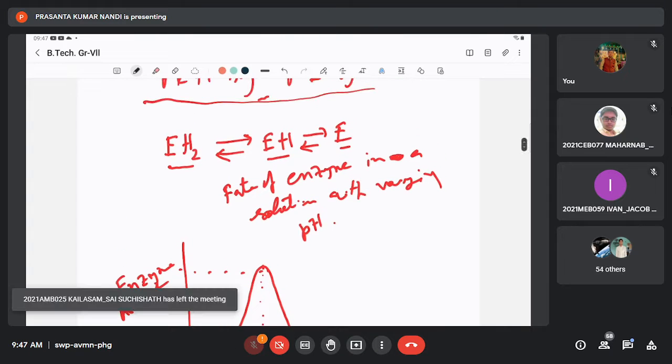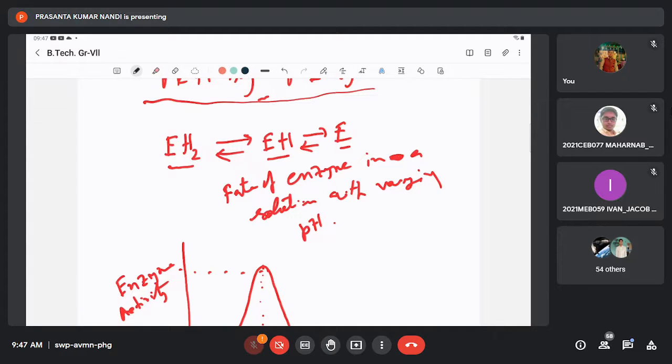Naturally, from this expression, if you increase the hydrogen ion concentration in the medium, that is lower pH, then it will form EH2. Higher hydrogen ion concentration means lower pH, and at higher pH, in alkaline medium, EH will be produced, and in still higher alkaline medium, E will be mainly the component in the equilibrium.